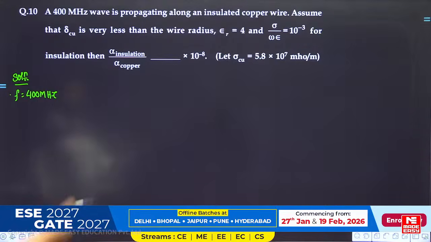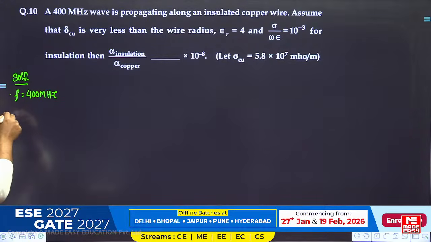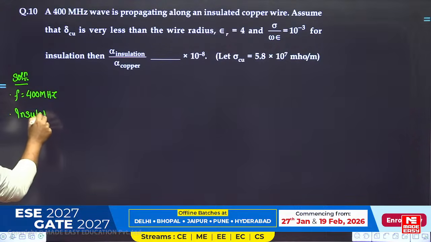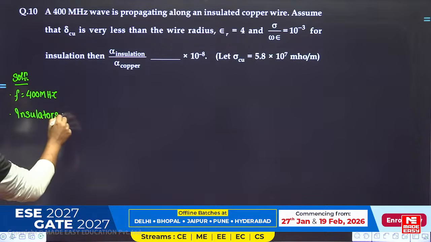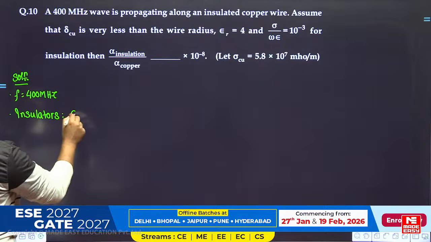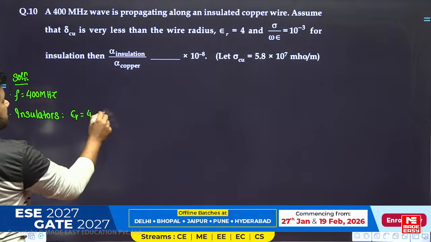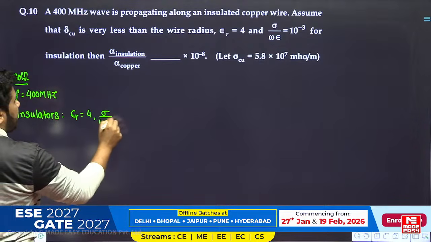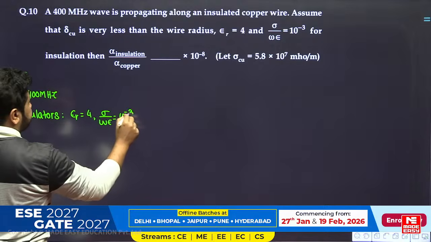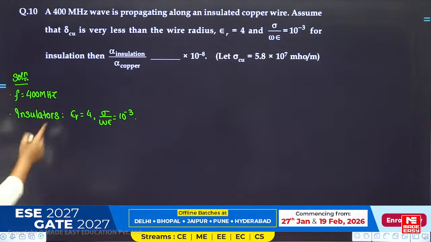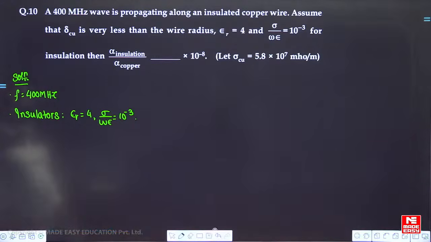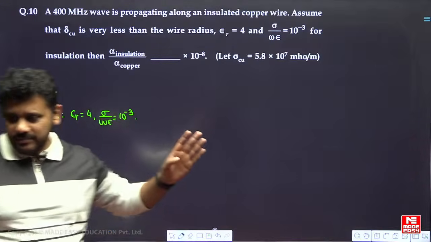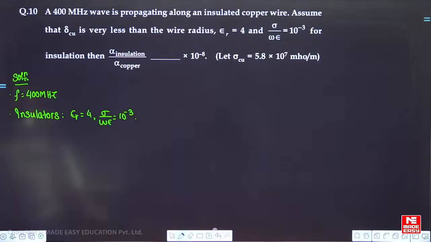For the insulator, the data given are relative permittivity as 4 and sigma upon omega epsilon as 10 to the power minus 3. Then they are asking for the ratio of alpha insulation to alpha copper, and the conductivity of copper has been given.